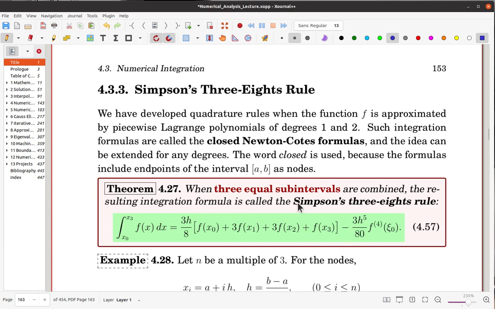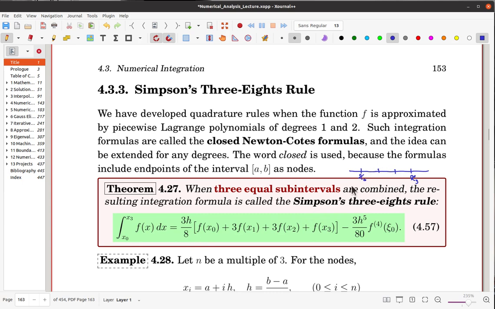For x0 to x3, three equally spaced subintervals, we can get a third order interpolating polynomial, and the integral of f can be approximated by the integral of the third order interpolation polynomial.